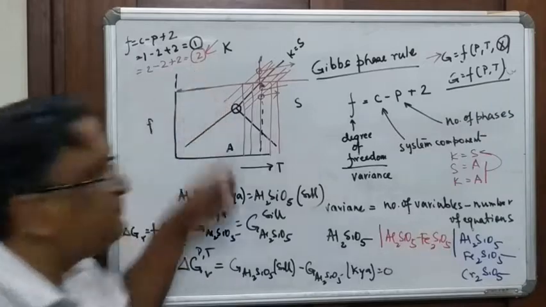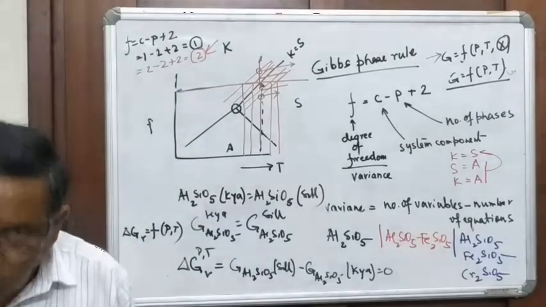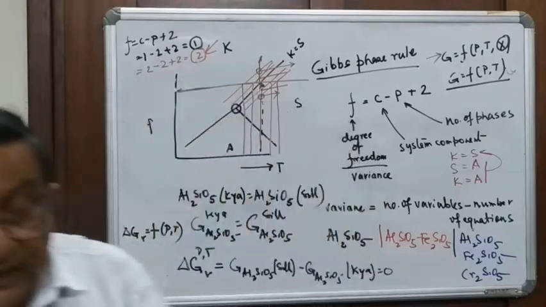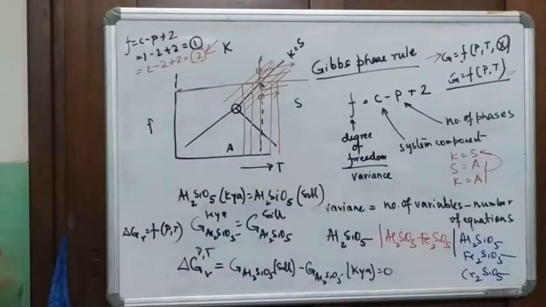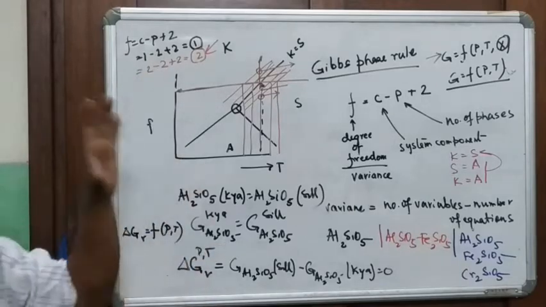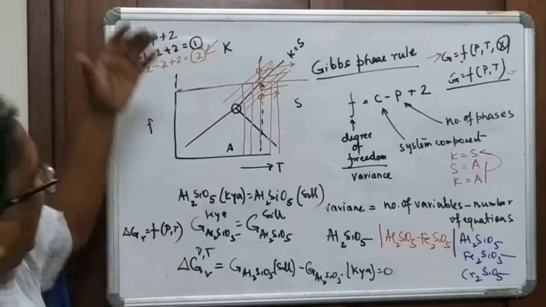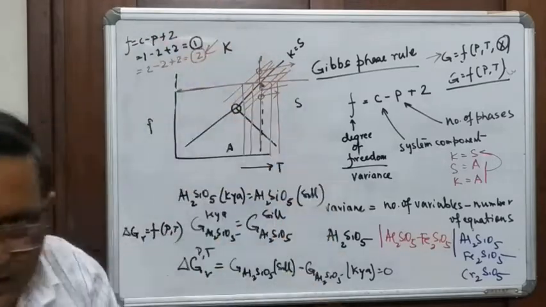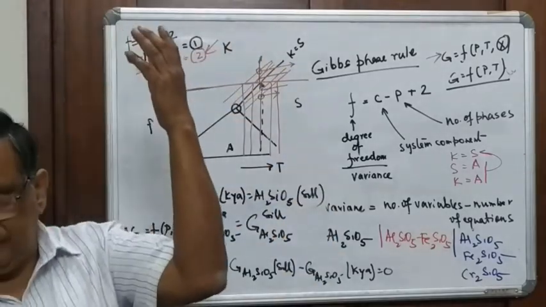And that is what the Gibbs phase rule is telling you, cautioning you, urging you to give the data. How you will give the data, what data you will give, that's a different thing that we will do later on. But that is what the Gibbs phase rule says. So this kyanite-sillimanite is moving in a binary field.